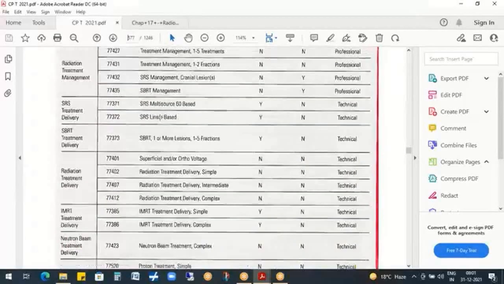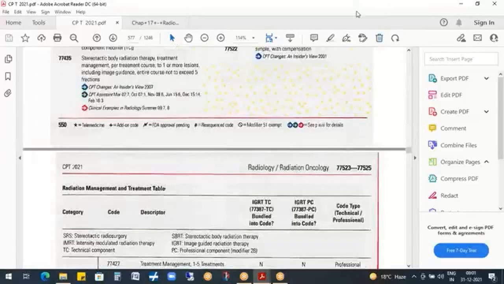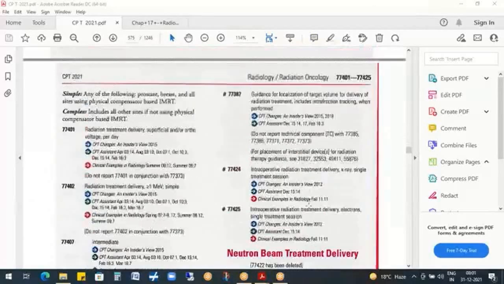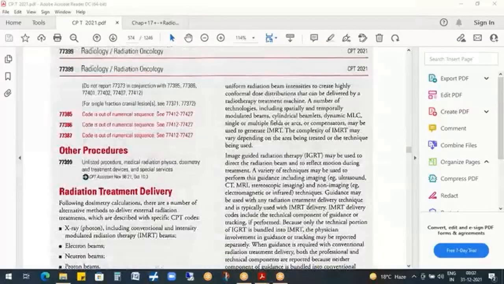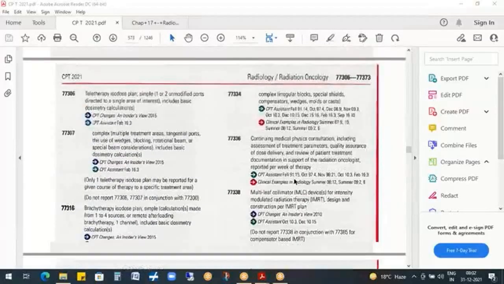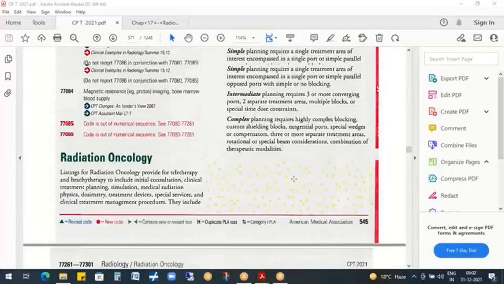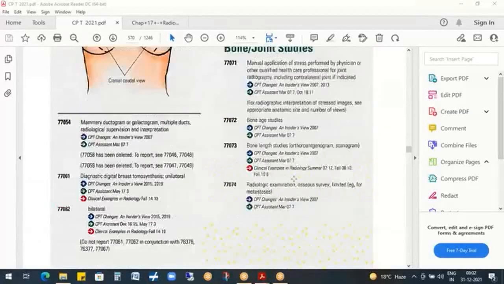Sir, once again repeat now. If guidance is a part of the surgical procedure or code description, do not code guidance separately.